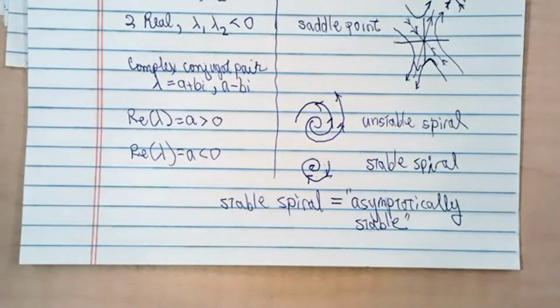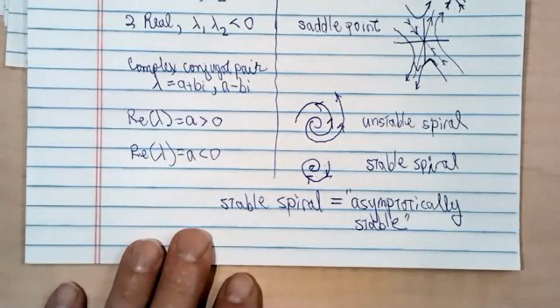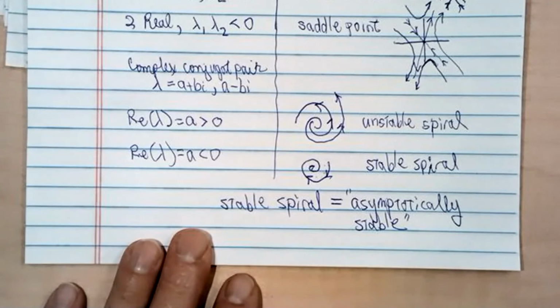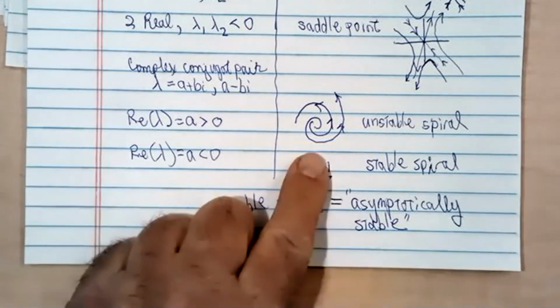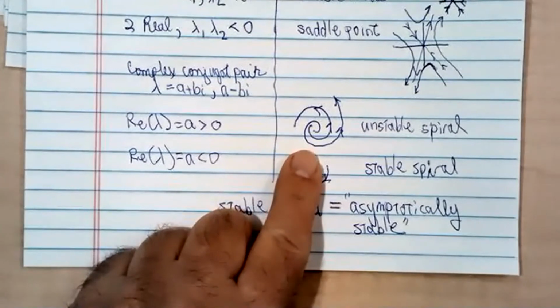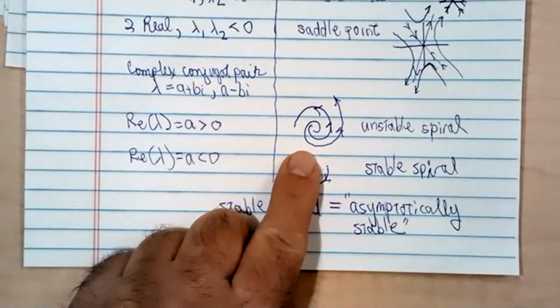Do these spirals describe something like simple harmonic motion?